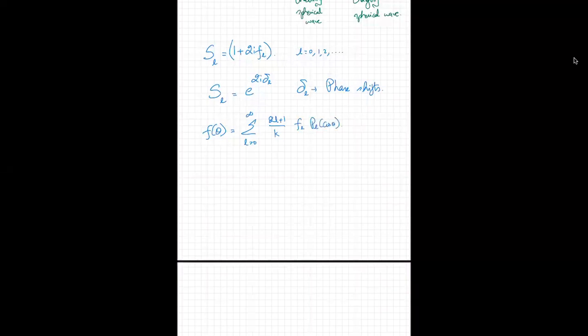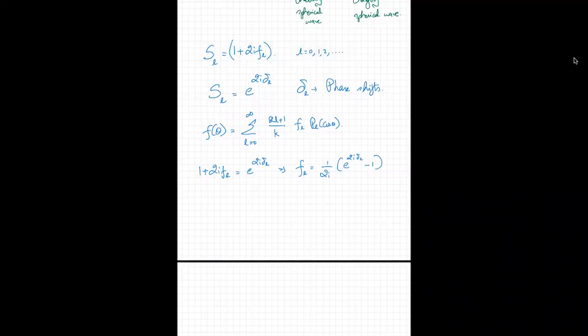So what is my f_L now? 1 plus 2i f_L is basically a pure phase, which I'm writing as e to the 2i delta_L, which tells me there are two different ways I can write f_L. They are both mathematically equivalent. f_L can be written as 1 over 2i times e to the 2i delta_L minus 1.